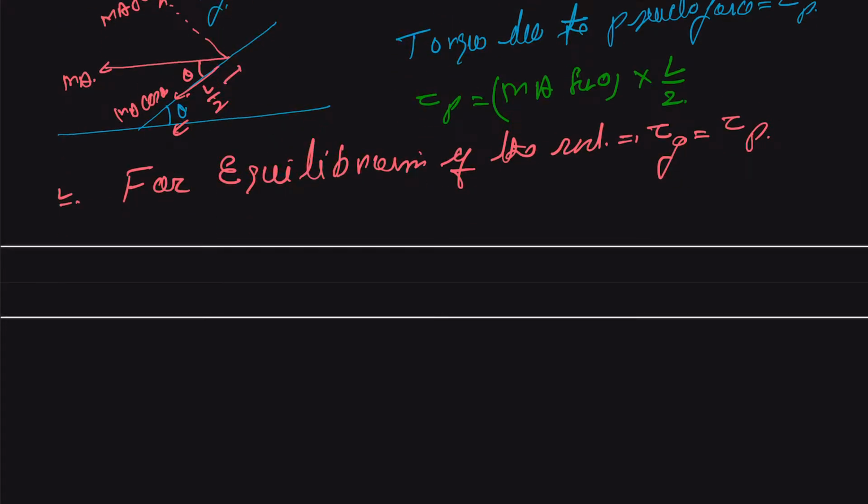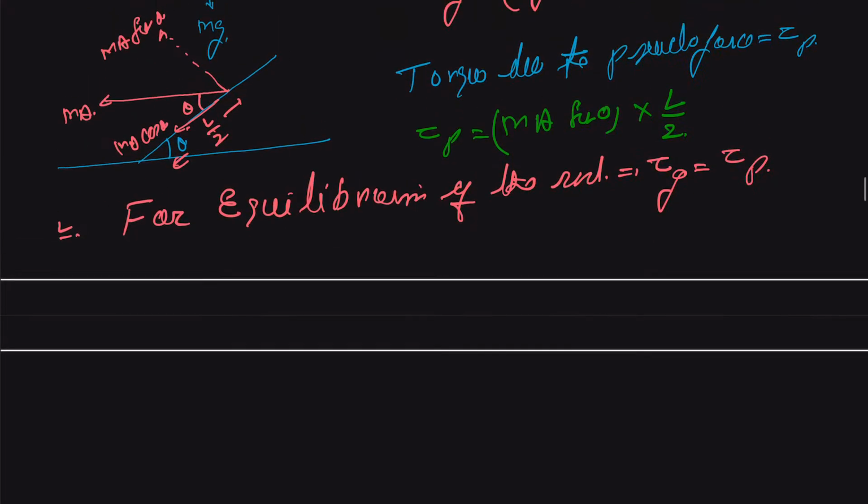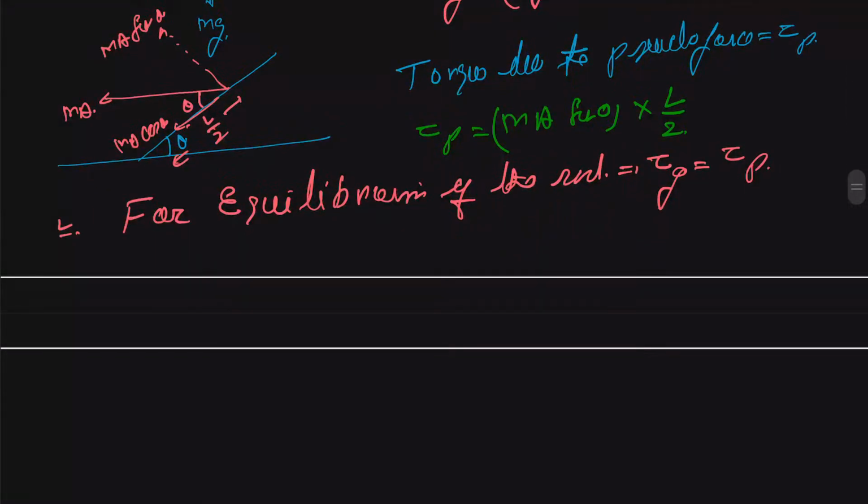Substituting, mg cos theta times L by 2 is equal to ma sin theta times L by 2.